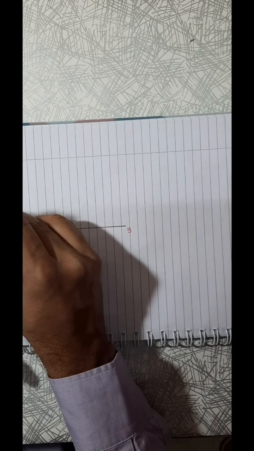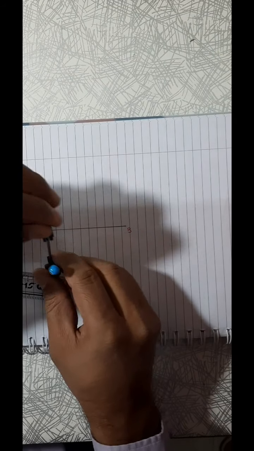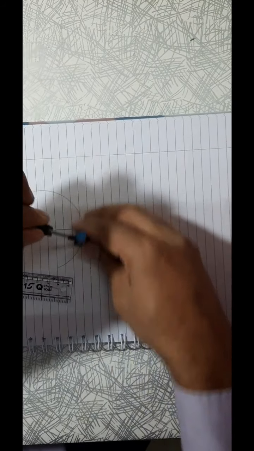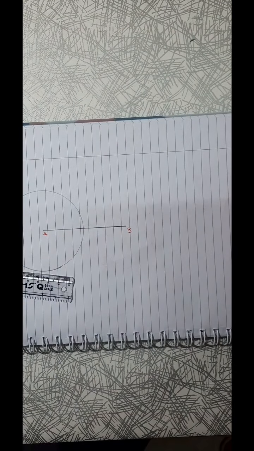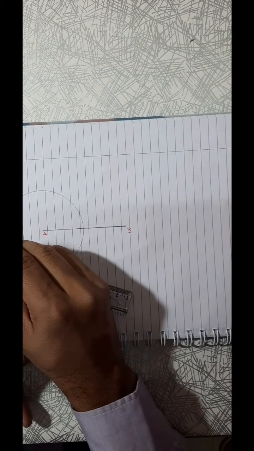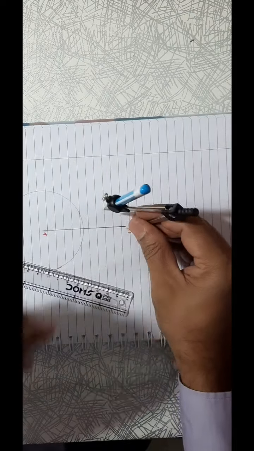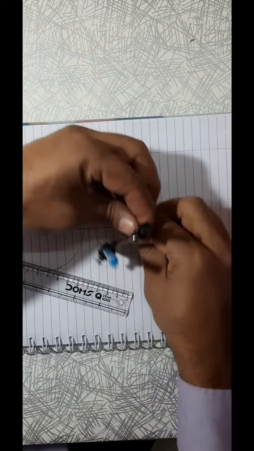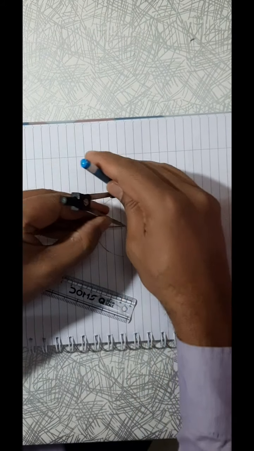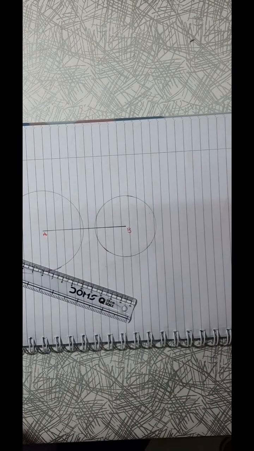Radius 4 means the midpoint, half of 8. With B as a center, draw a circle of radius 3. So two circles are there.